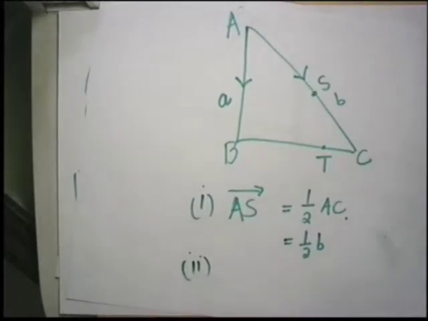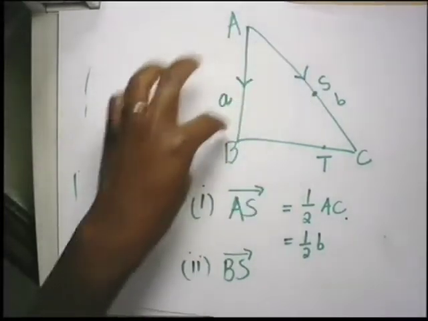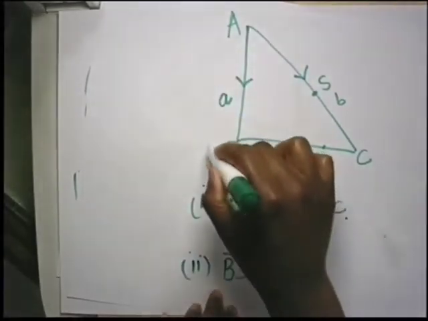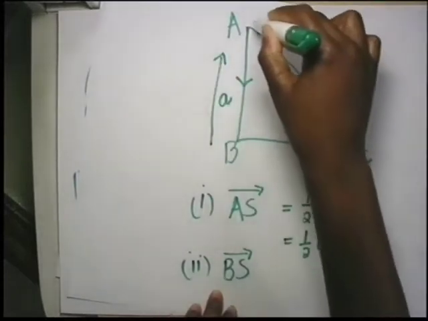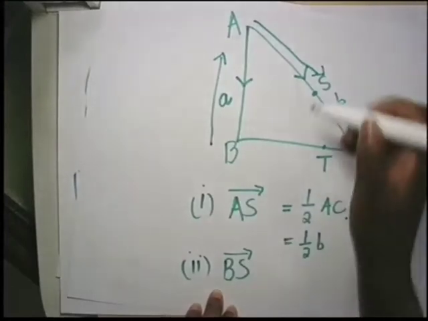The next one, BS. Find the vector BS. Which one is BS? BS is going this way and that way. You go like you are now going that way and that way. BS. Up to where? Up to here.